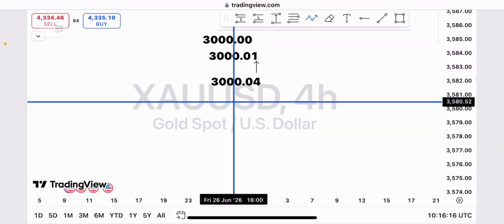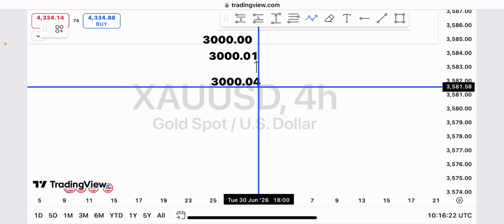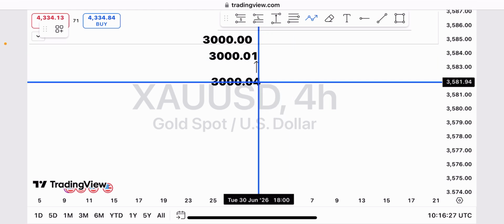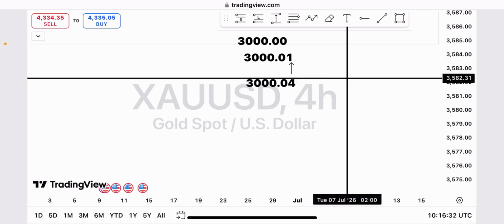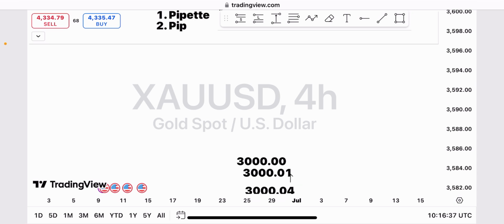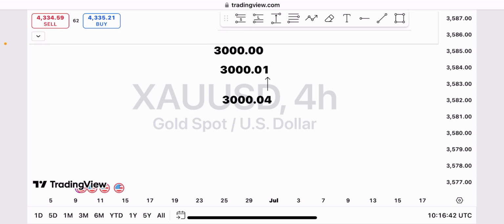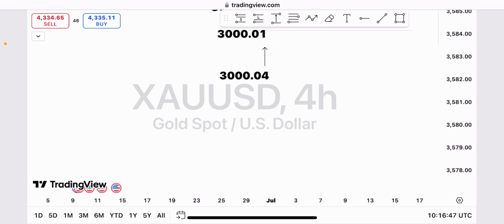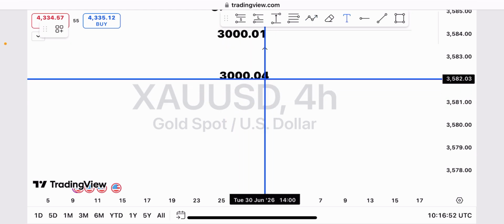Now this 0.4 change in this reading is 4 pipettes, and here is 1 pipette. And I said 10 pipettes make a pip. This market will continue reading in pipettes until we have 10 pipettes to make a pip.